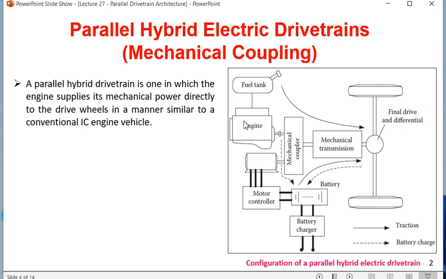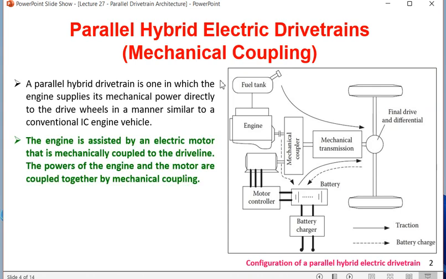So directly the mechanical power can be fed to the output of the transmission system or to the input of the wheel. The engine is assisted by an electric motor during the very high requirement of power. At that time engine and electric motor or battery, they act together. So the engine is assisted by an electric motor. That is what it is saying. The electric motor is the element of the secondary powertrain. The engine is the main element of the primary powertrain.